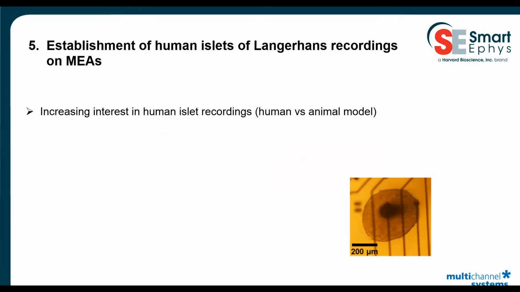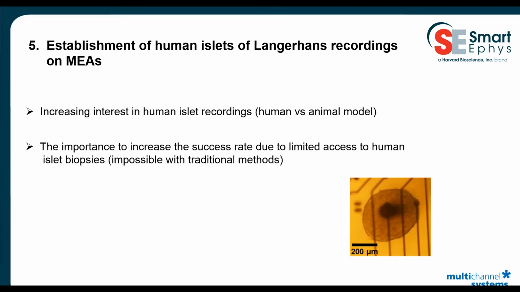So this is an important point. And another important point is that of course there's limited access to human islet biopsies. So it is important that the few islets you have, you can record them as quickly as possible, which is impossible with traditional methods. And of course, it could also be used as a quality control prior to islet cell transplantation.